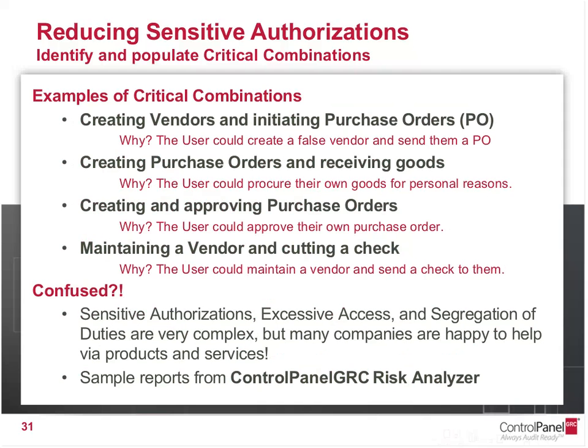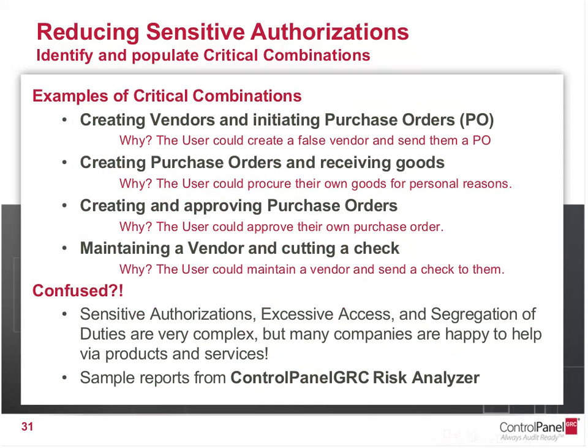So some examples of critical combinations: being able to create vendors and initiate purchase orders, create purchase orders and receive goods, maintaining a vendor and then cutting checks. I think you probably get why these are concerns, but you don't want people having too much access in the system. You don't want someone to be able to maintain multiple portions of the same business transaction.